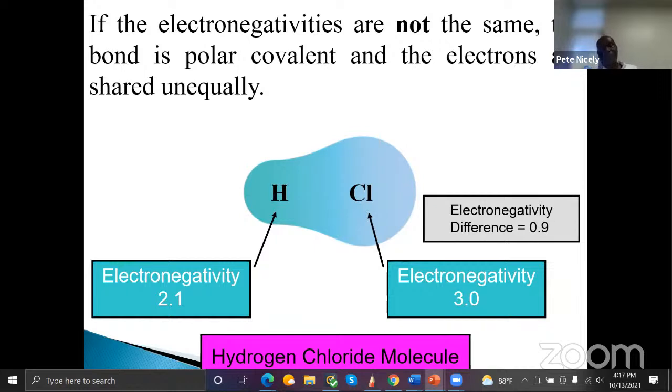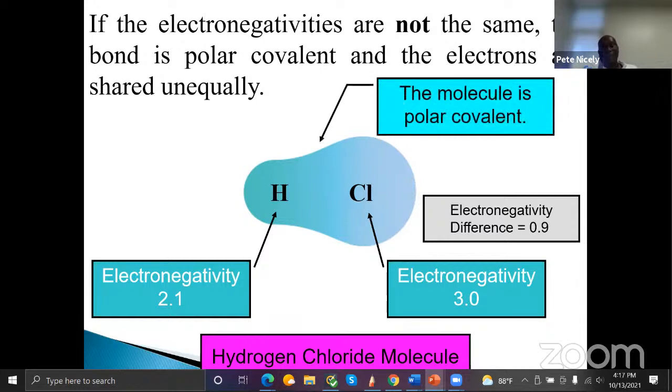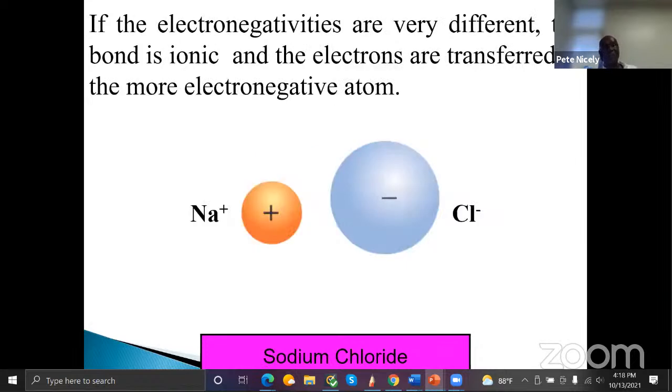So that would be the polar covalent range, and therefore this bond is considered to be polar covalent. And of course, remember what this means. This means that the electrons are not shared equally between the two atoms, right? The electrons that are shared will, on average, be closer to the chlorine atom compared to the hydrogen atom, all right? So you have a charge separation, and the bond is said to be polar covalent.